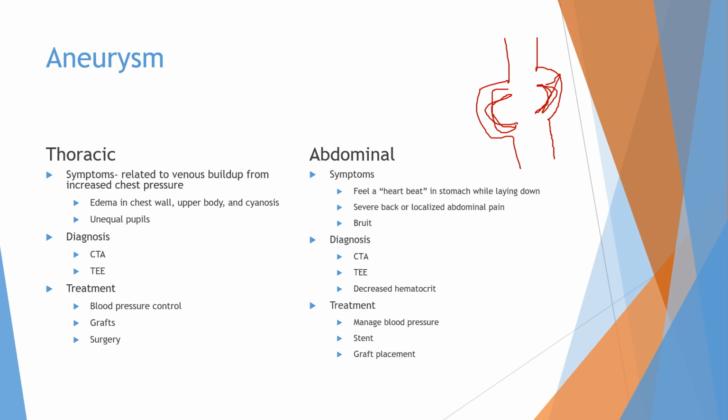These guys will have a decreased hematocrit, maybe not so much a decreased hemoglobin, just because they're not necessarily bleeding. We can diagnose this with a CTA or a transesophageal echo. And the management is going to be blood pressure, and then we can place a stent in these. So the stent goes in just through the femoral artery.